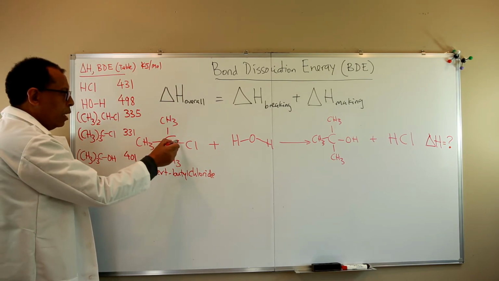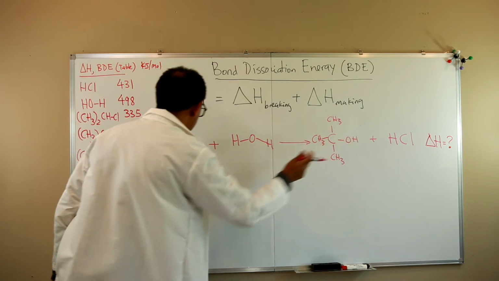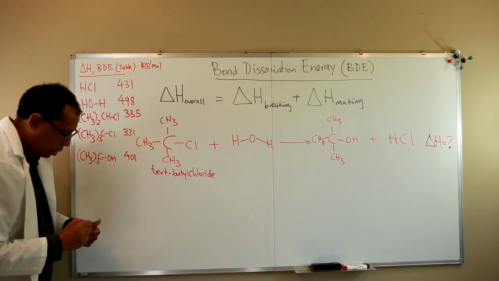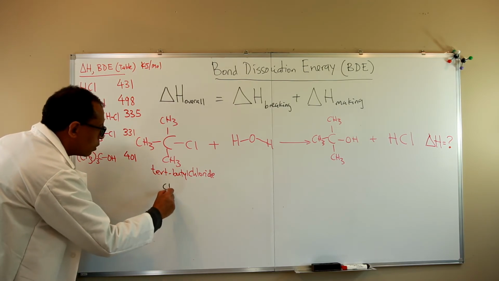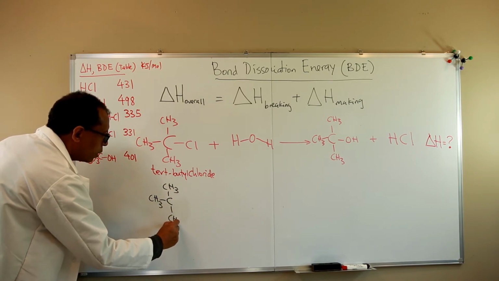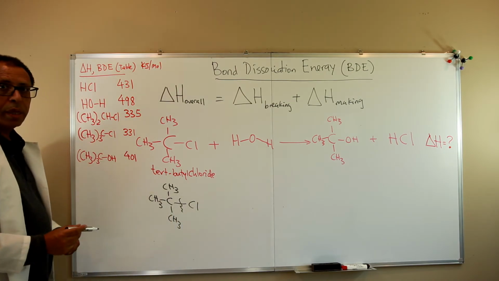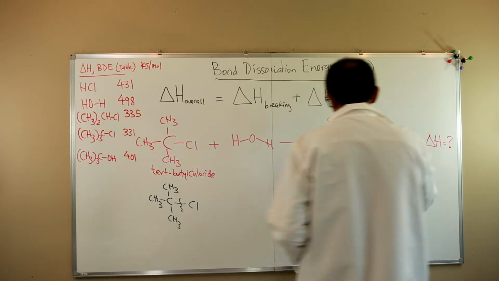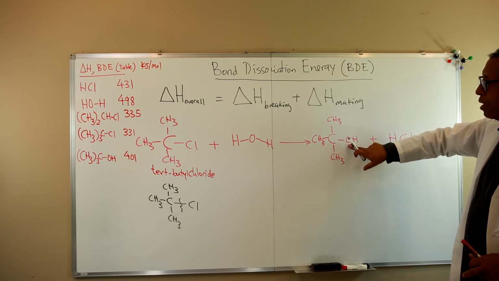So we are dealing with bond breaking because that's where the OH replaces the chloride. This is a bond that's being broken. Let me rewrite that: CH3, CH3, CH3, Cl. This is the bond being broken, because here is the change. The C-O bond is made.